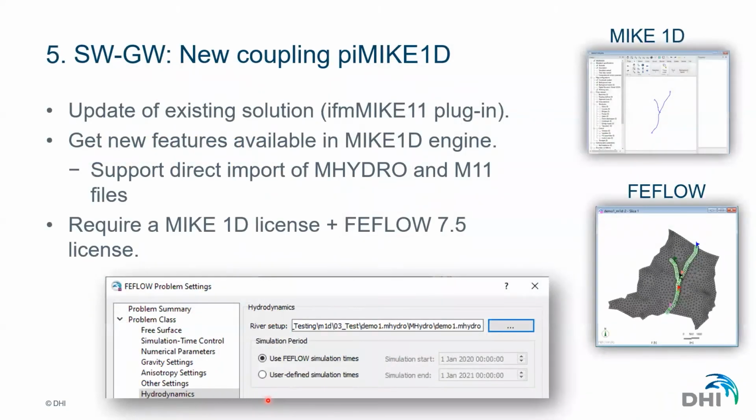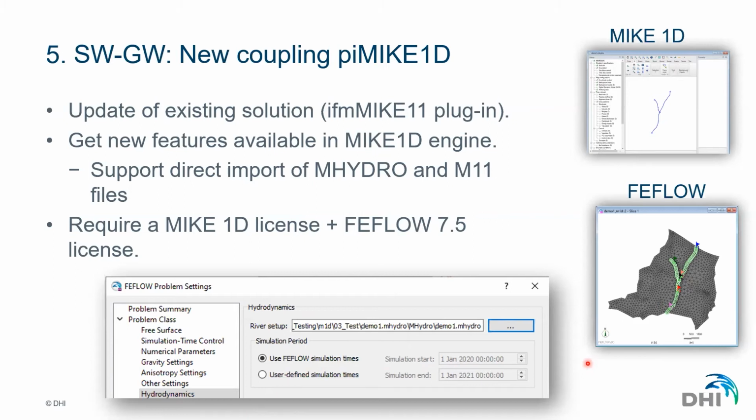In terms of surface water and groundwater interaction in 1D, you can build your surface water model in MIKE+, for example, or in the MIKE HYDRO format, or if you even have your old MIKE 11 file, this file can be directly imported into FEFLOW. It's quite easy. Just import your file depending on the type of file that you have. It's really flexible.